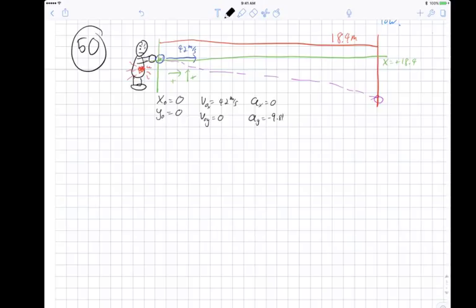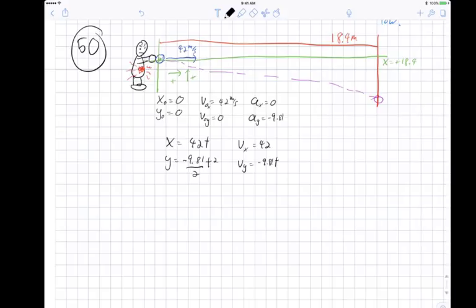So we plug all these into formulas. X is equal to 0 plus 42 times t, y is equal to 0 minus 9.81 divided by 2 t squared. Vx is equal to 42. Vy is equal to minus 9.81 times t.